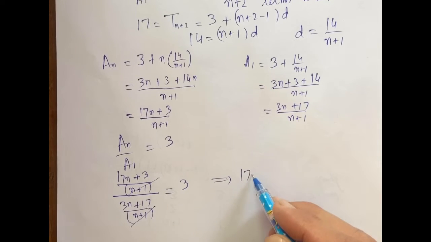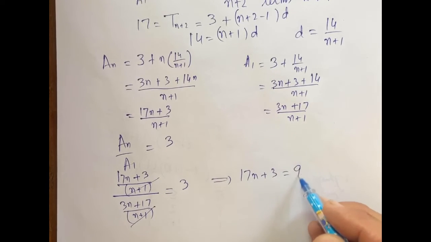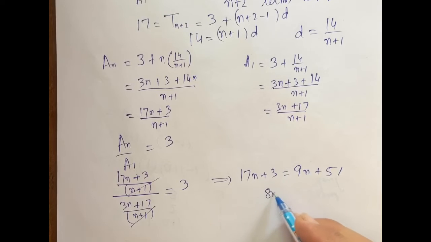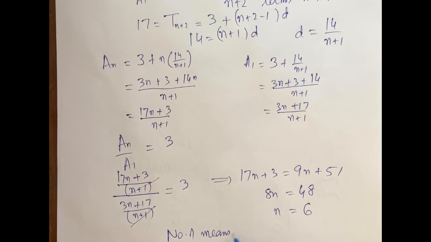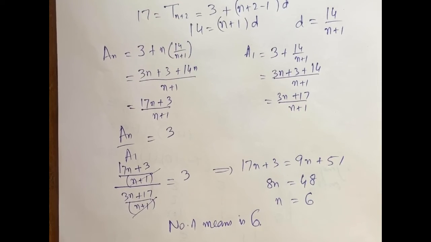So this gives us 17n plus 3 as 9n plus 51. 17n minus 9n is 8n, is 51 minus 3, this is 48. n is 48 upon 8, that is 6. So number of means is 6.